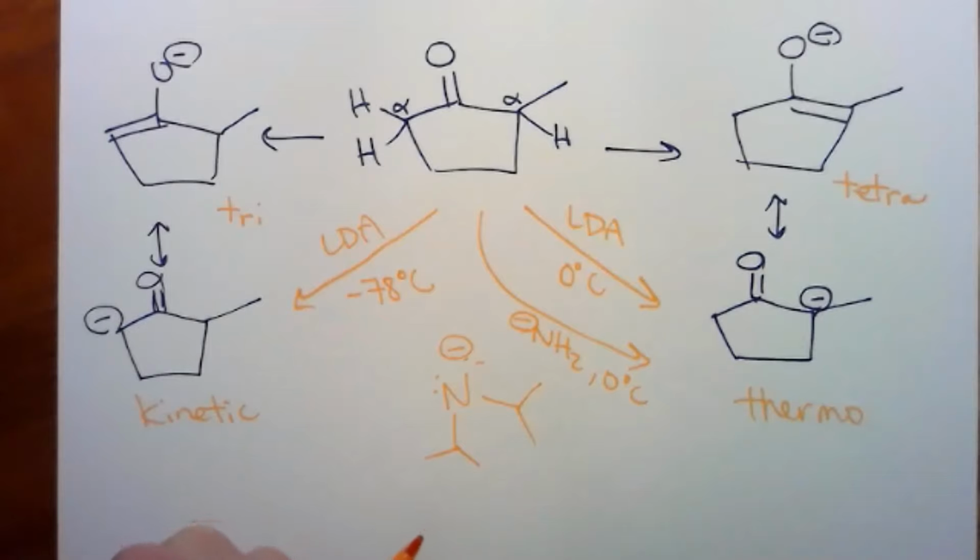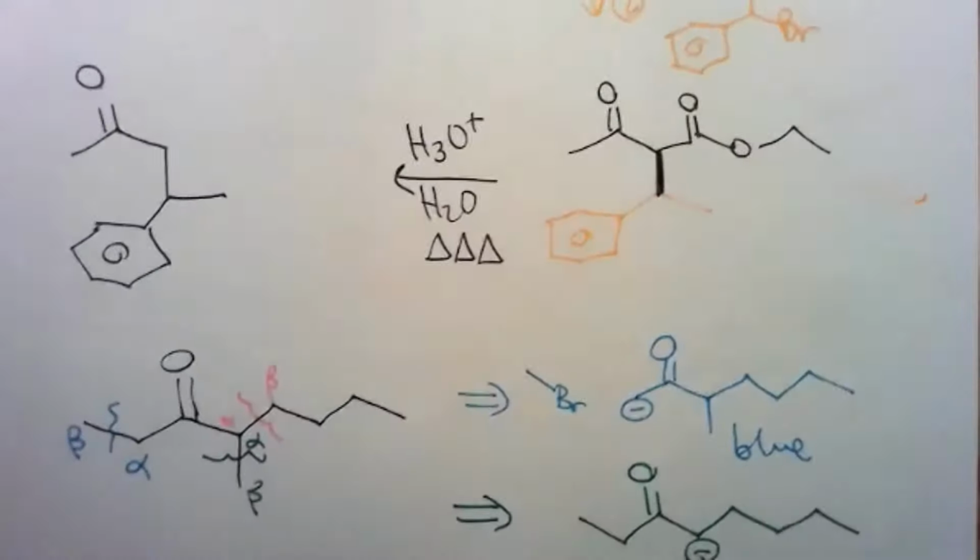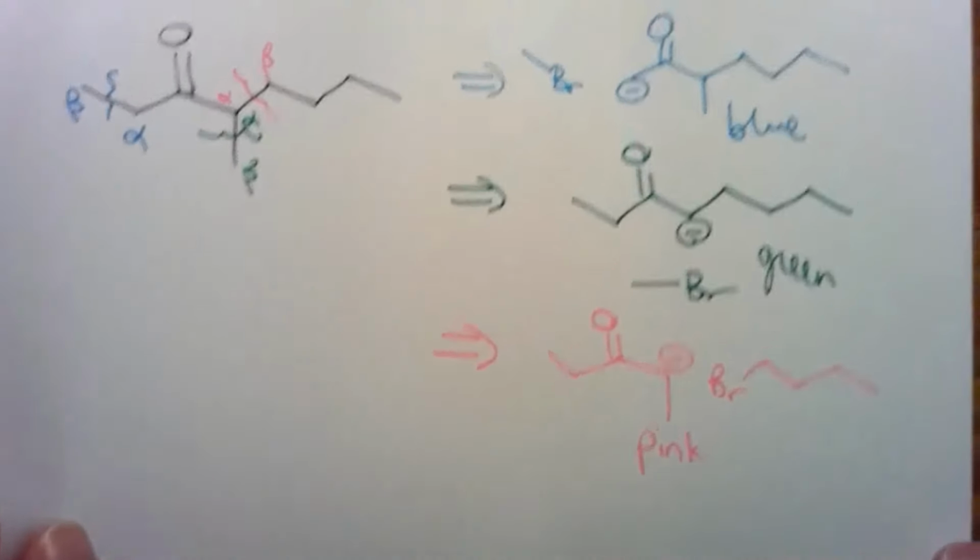Sometimes you just have to assume it should be thermodynamic because of the crowding steric stuff. Sodium hydride is an okay base for that sometimes because it's small. LDA is our favorite. LDA at -78 is our favorite for the kinetic enolate. Okay, believe it or not, I remembered. We got this stuff to talk about. Blue, green, or pink?